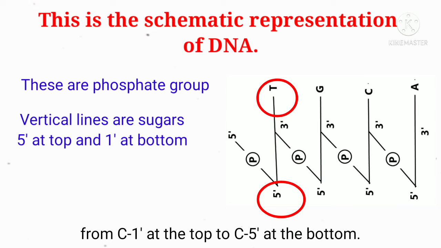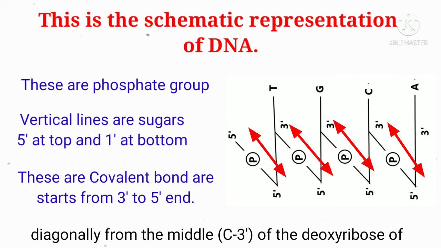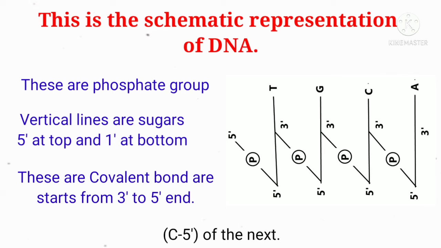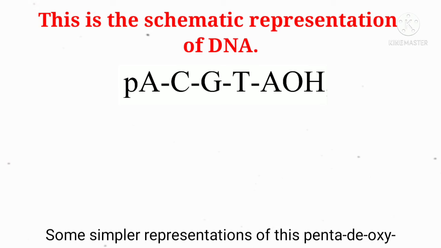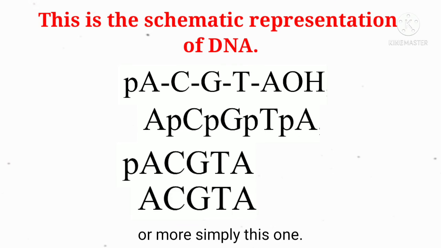That means the 5' carbon atom is at the bottom. The connecting lines between nucleotides are drawn diagonally from the middle, that is the 3' carbon atom of the deoxyribose of one nucleotide, to the bottom, that is the 5' carbon of the next. Some simpler representations of these pentadeoxyribonucleotides are this, or more simply this one.